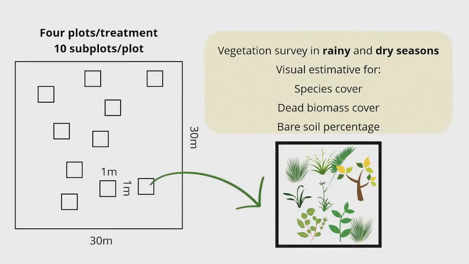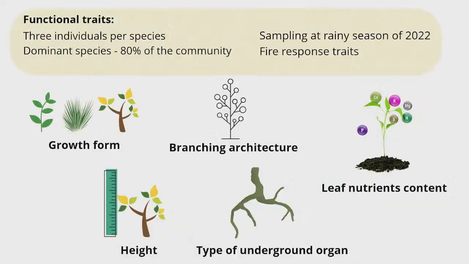For each treatment, we have 4 plots of 30 by 30 meters, where we fixed 10 subplots of 1 by 1 meter for vegetation surveys in rain and dry seasons during 2013 to 2022. We evaluated the effect of fire regime on vegetation over this time and at the end of this period. But here I will present only final data resulting from 9 years of fire experiments.